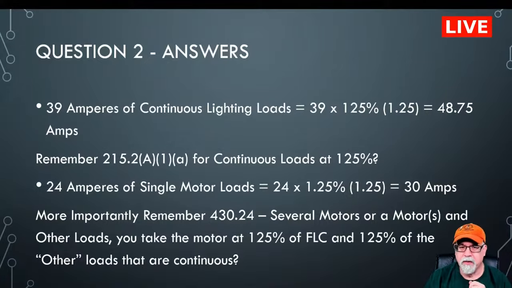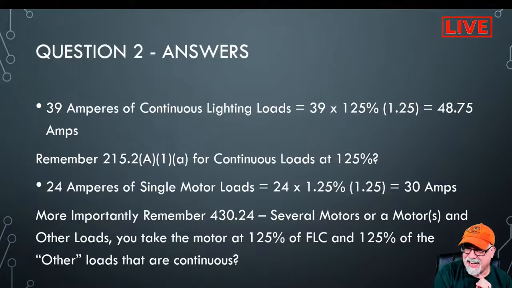So let's look at the motor. I have 24 amperes of single motor load, the FLC, they gave it to me. So that's 24 times 1.25, which equals 30 amps. Now, where did I get the guidance here? If I was sizing a single motor by itself, it would be 430.22.